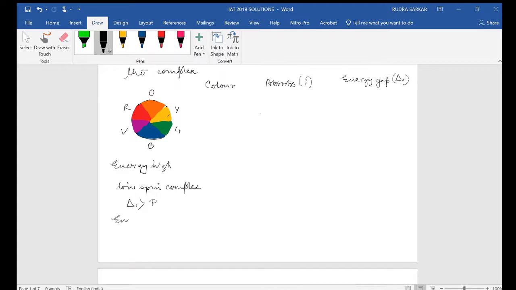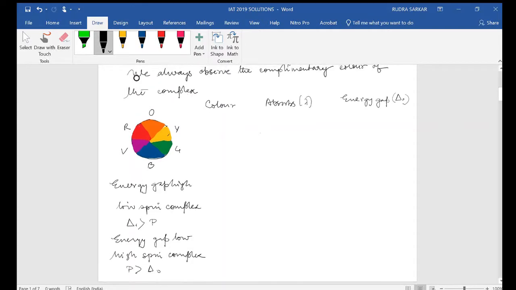When we have energy gap low, it means a high spin complex. That means pairing energy is greater than delta O. So keeping these facts in mind, and now using the table, besides that we have to remember, it's a very vital point, that energy is inversely proportional to lambda.